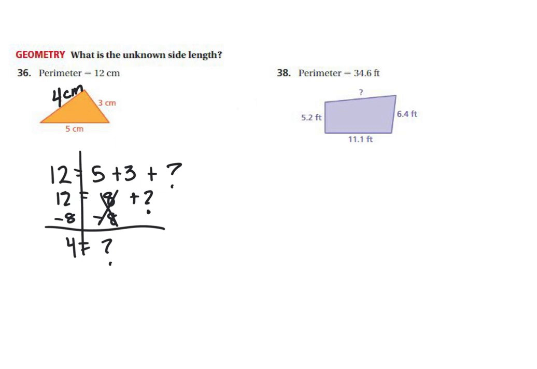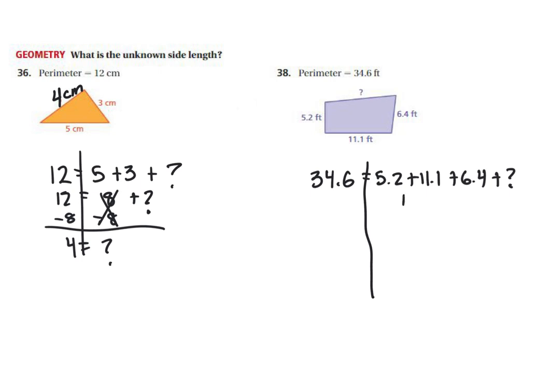For number 8, we have 34.6 equals 5.2 plus 11.1 plus 6.4 plus question mark. 5.2 plus 11.1 is 16.3. 16.3 plus 6.4 is 22.7 plus question mark, and that equals 34.6.